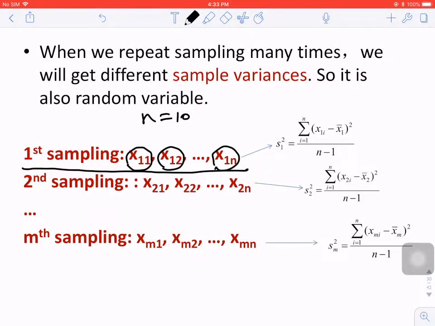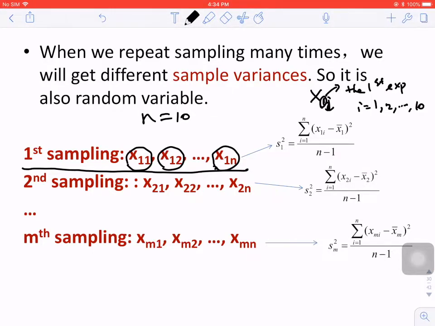such random variables, right? Those random variables, I'm going to call x1i. The first index means the first experiment, the first sampling, and this i can be equal to 1, 2 until n. So n is equal to 10, right?